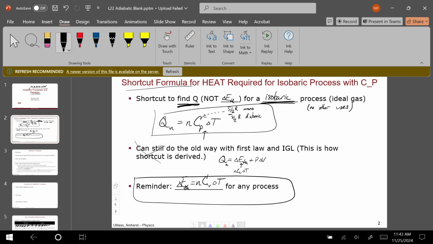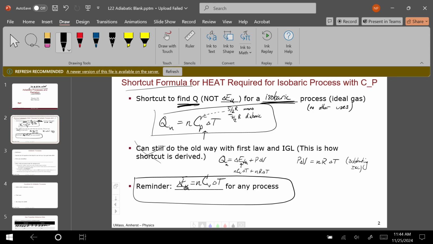It's just a derivation of this formula. The tricky step is that P delta V, if you hold the number of moles constant, is equal to NR delta T. So, and again, this is from subtracting 2 copies of that ideal gas law, not dividing, at constant pressure and moles. So this is actually plus NR delta T.